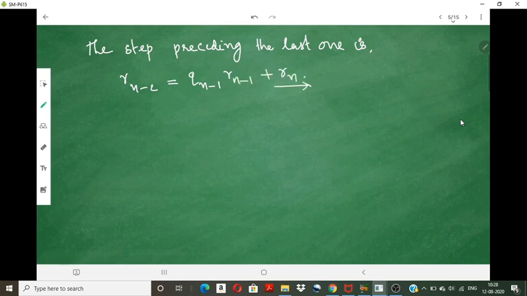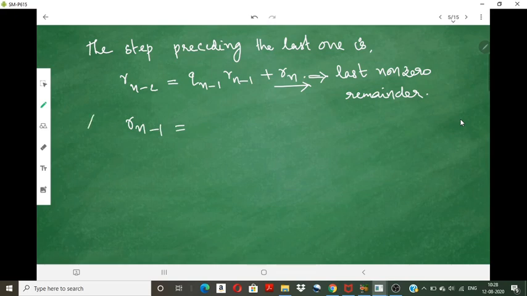So here the remainder is Rn. So Rn is the last non-zero remainder, because we know Rn plus 1 is equal to 0. So this is the last non-zero remainder, and we can stop in the nth equation, because Rn minus 1 is Qn into Rn.